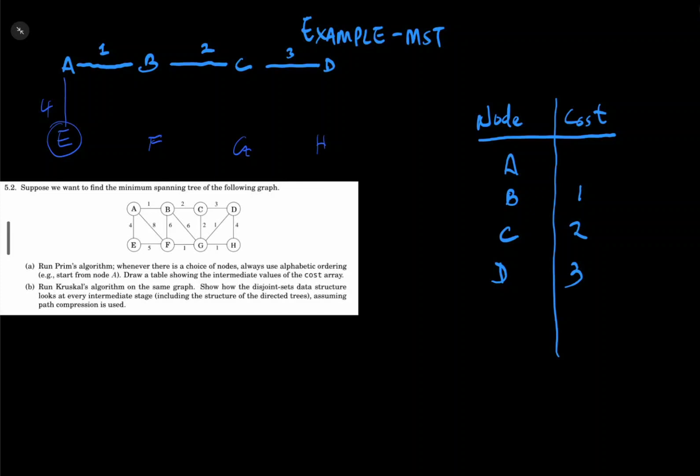So we have from E, what happens? You have E to F, that's 5. Oh my pen is just messing up, sorry about this.